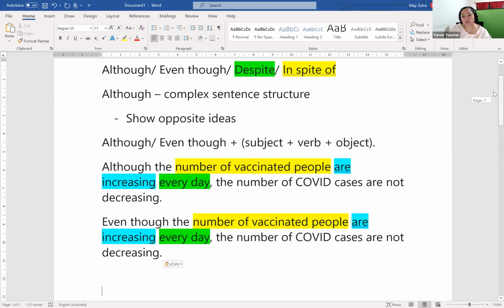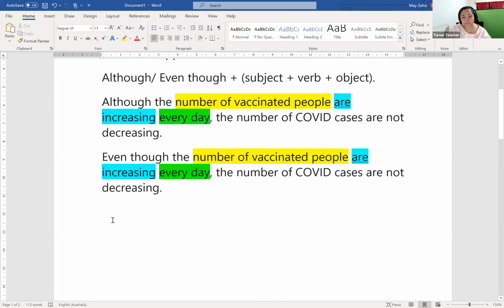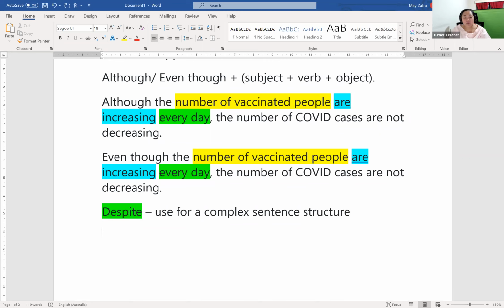Okay, good question. So despite, just like although, is also used for a complex sentence structure. And also, just like your although, it also means opposite views, opposite ideas, or opposing views.